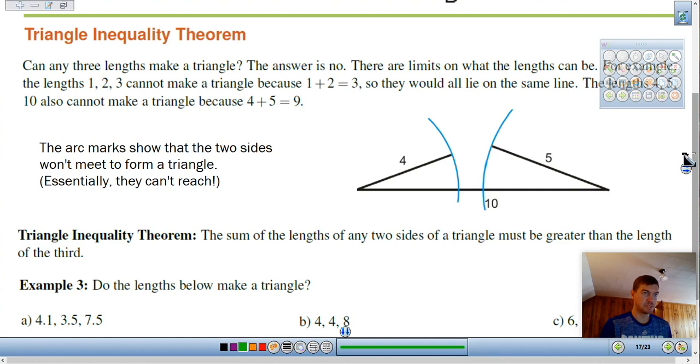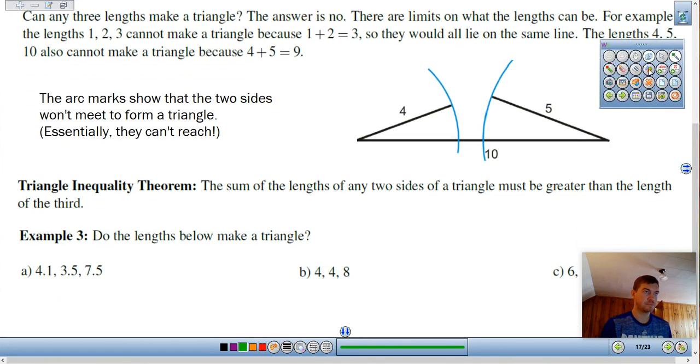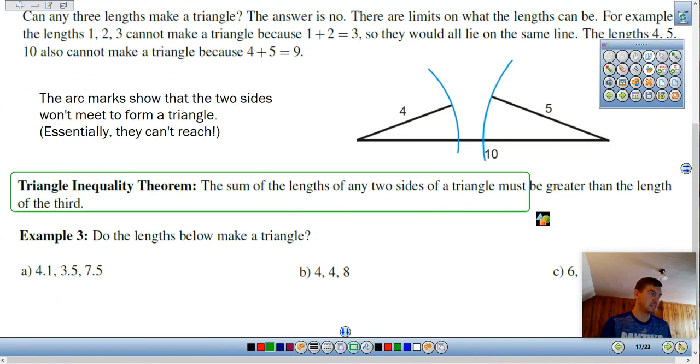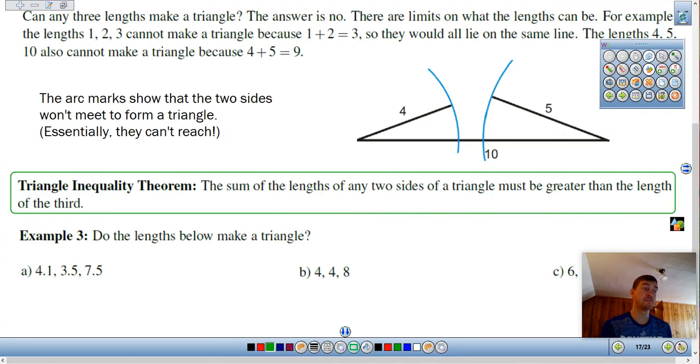And that relationship is the sum of the lengths of any 2 sides of a triangle must be greater than the length of the third. I'm going to simplify this a little bit, because if I use the larger side when I'm adding them together, the largest side will always add to be larger than something that's shorter than that.